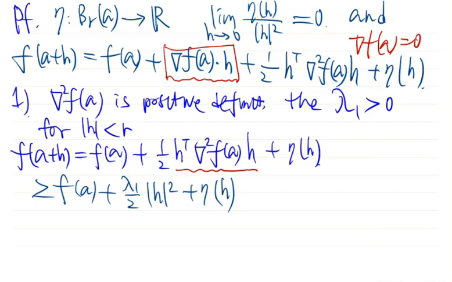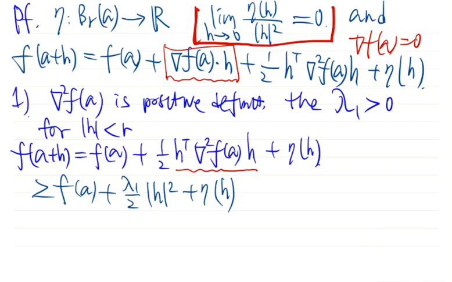Since the remainder eta satisfies that this limit is 0, we can divide by the norm square.